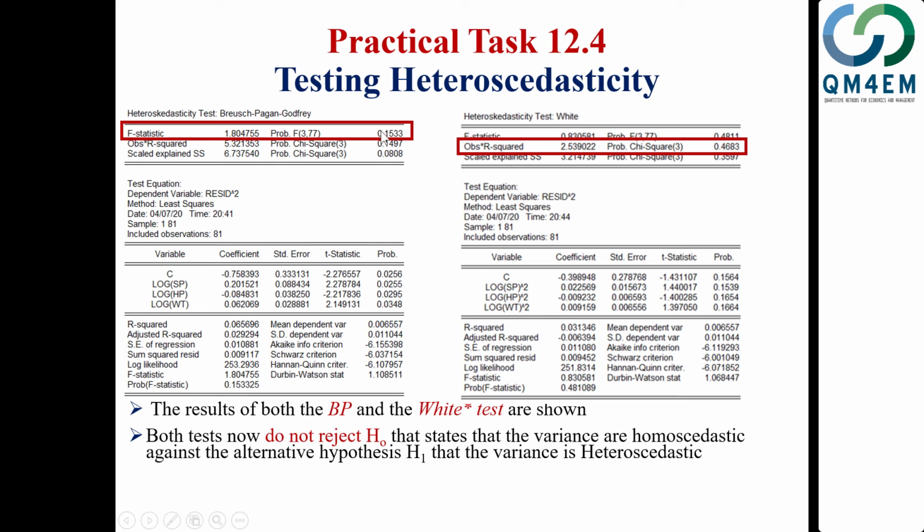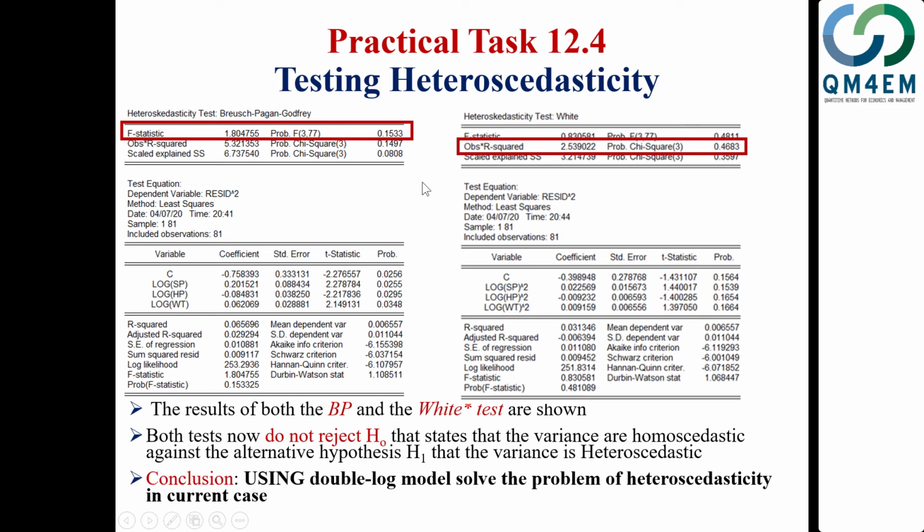Because the probability value is greater than 0.05. So when we cannot reject H naught, it means we cannot reject the hypothesis that our variances are homoscedastic. In other words, we are concluding that the use of double log solved the problem of heteroscedasticity over this particular data.